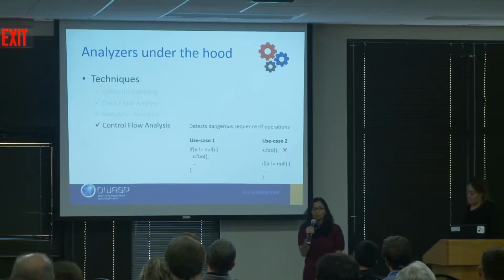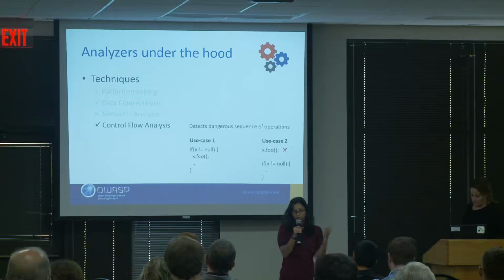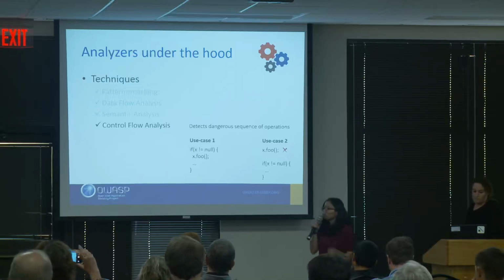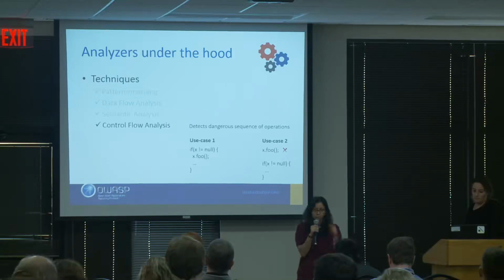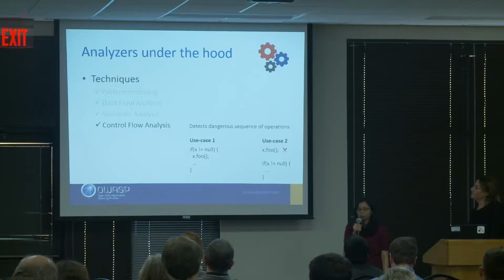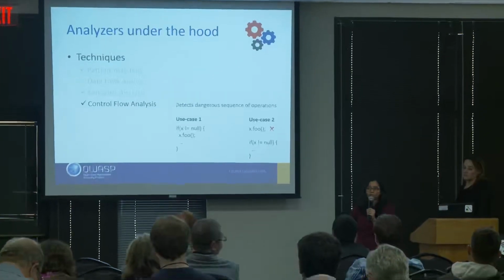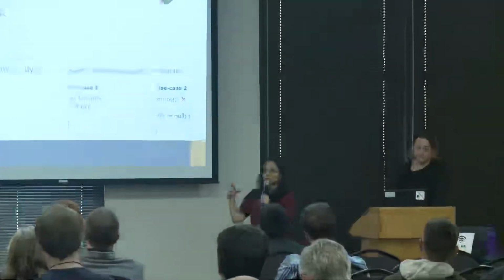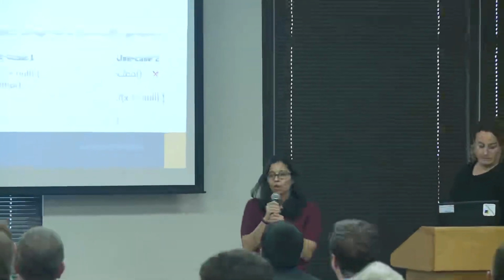The next one is control flow analysis. So this kind of analyzer looks for dangerous sequences of operations. If you look at the example here, on the left side, there's use case 1. It's a very simple program where we're checking for null. If x is not null, then we perform an operation x.foo.